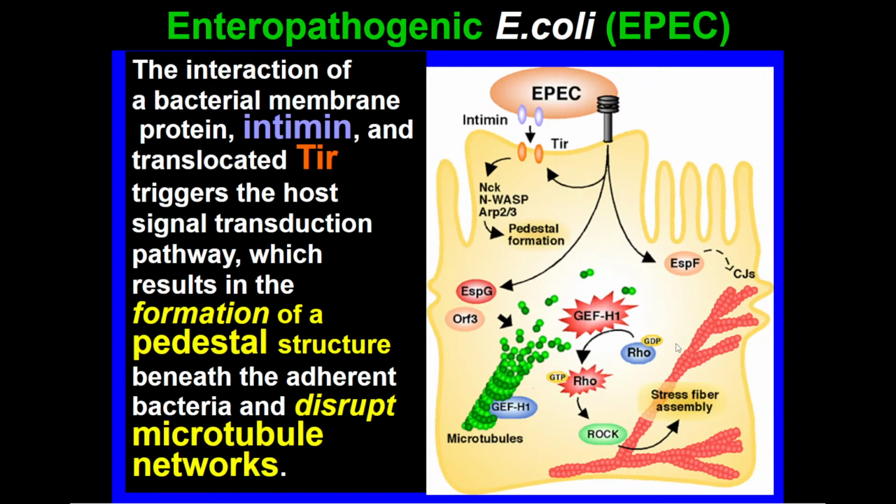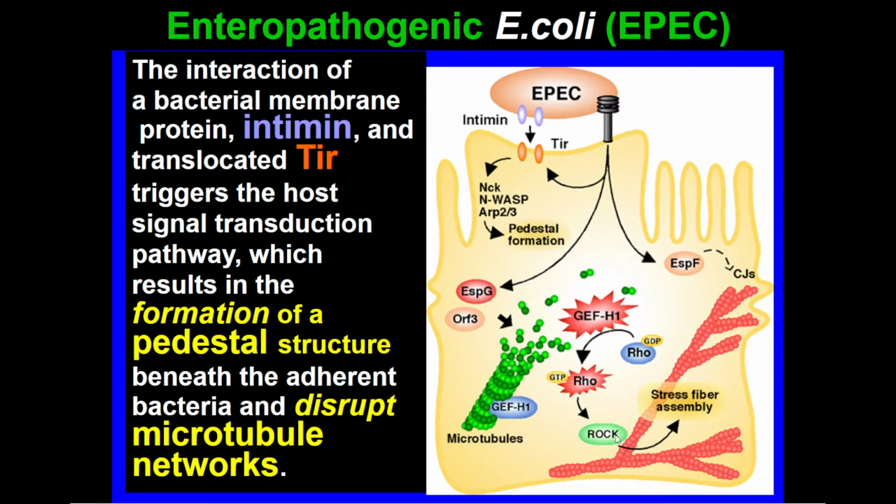The changing of the expression of the genes inside the nucleus of the cell causes formation of so-called pedestals. See? Pedestal structures form when several microvilli fuse together, and usually a pair survive on the surface of this pedestal.